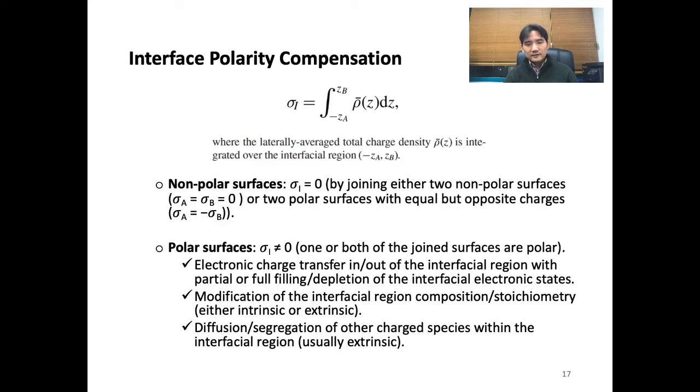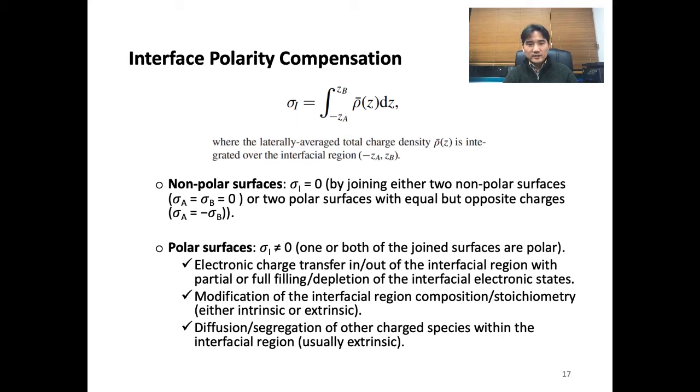So then let's dig into this interface polarity compensation, which is similar in nature if compared with surface polarity compensation. Now, instead of having air as the substance in the vicinity of our oxide boundary, we have another oxide or another class of materials like metals or semiconductors, and we have to think of the charge that will be either accumulated or depleted at that interface.